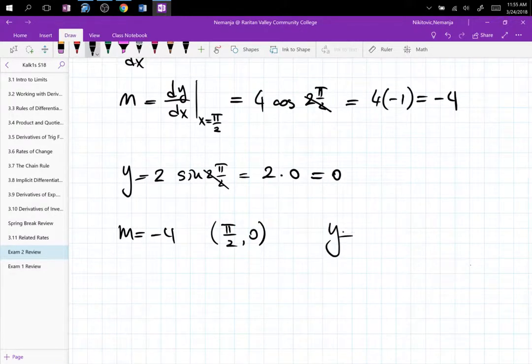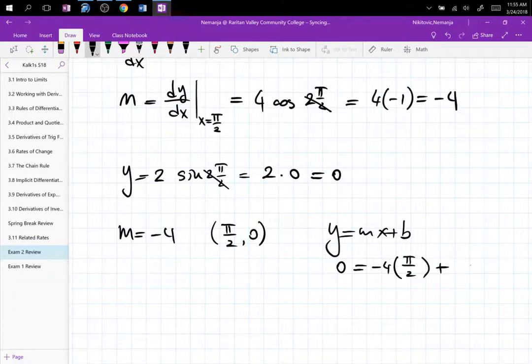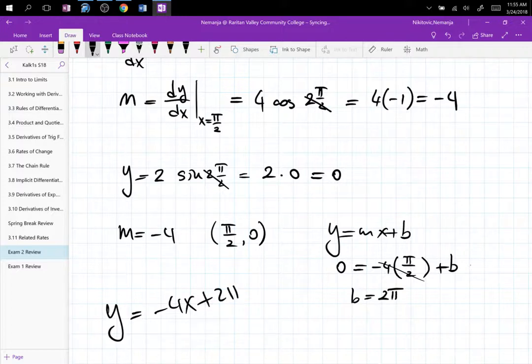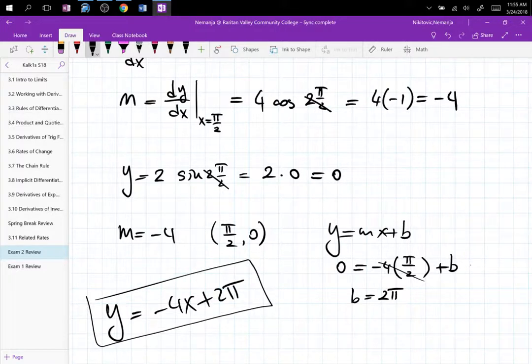Great. y equals mx plus b. y is 0, m is negative 4, x is pi over 2, plus b, from where b is clearly 2 pi. 4 and 2 cancel, so you have negative 2 pi, ship it to the other side of the equation, becomes positive 2 pi. So what's the tangent line? It's y equals negative 4x plus 2 pi. Tangent line. Happy?